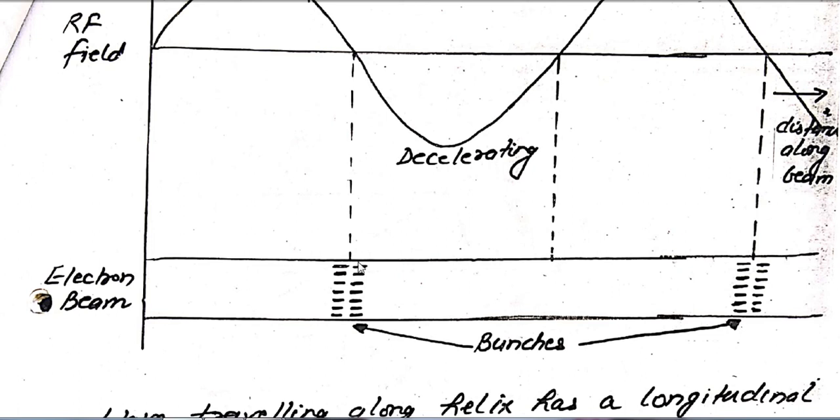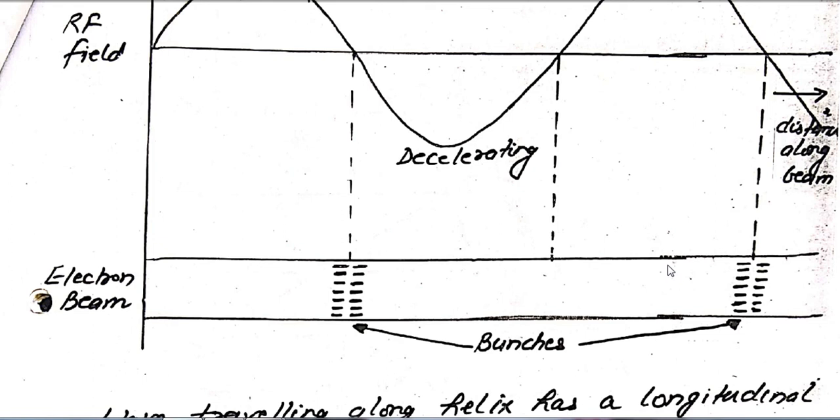These are the bunches of electrons. When the RF wave and the electron beam are moving with similar velocities, a continuous interaction between the wave and the beam takes place, resulting in bunches, and these bunches grow as the beam moves further along the helix.